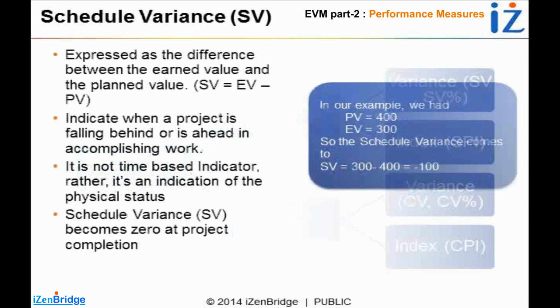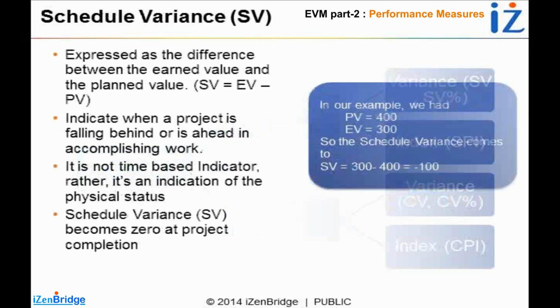In schedule variance, we look at the difference between the money earned and the planned value. So schedule variance is EV minus PV, earned value minus planned value. This defines whether the project is behind or ahead in accomplishing work.